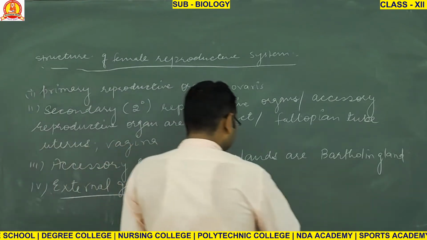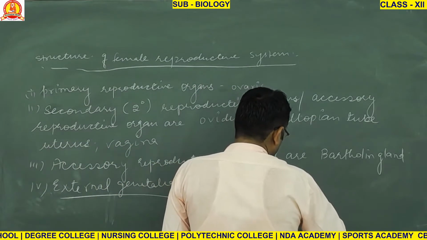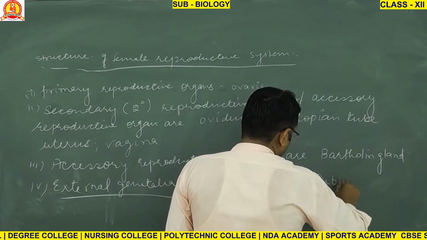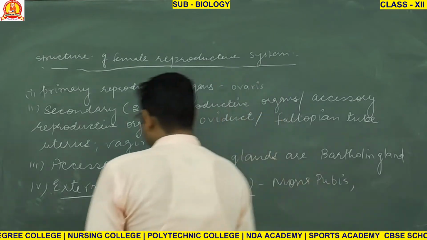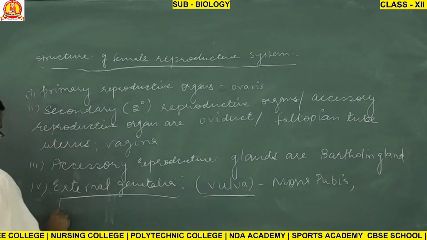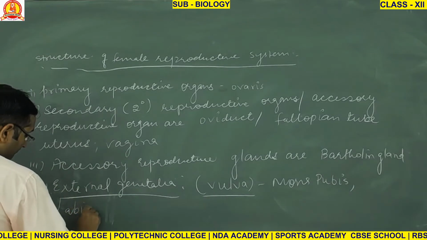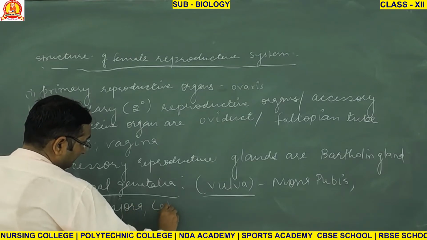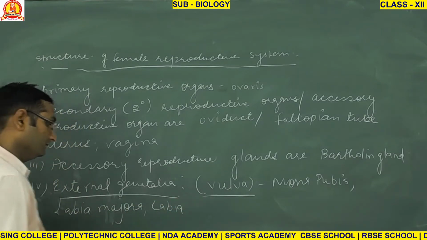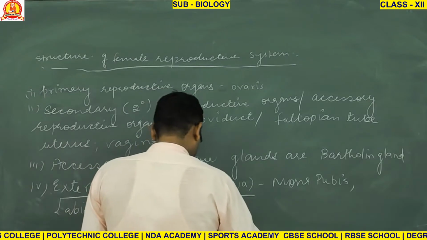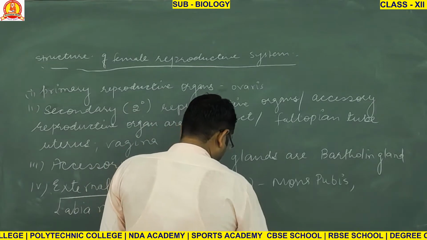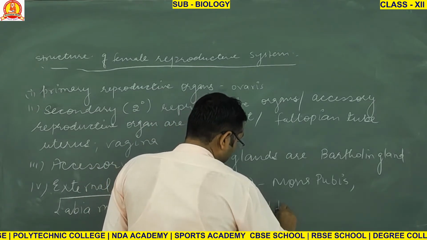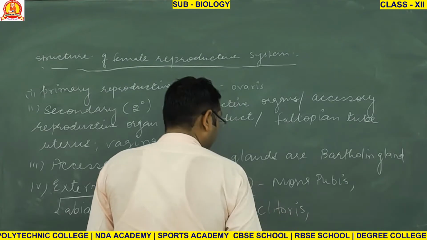These are mons pubis, labia majora, labia minora, clitoris and hymen.